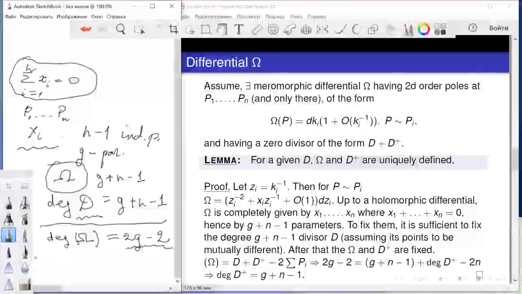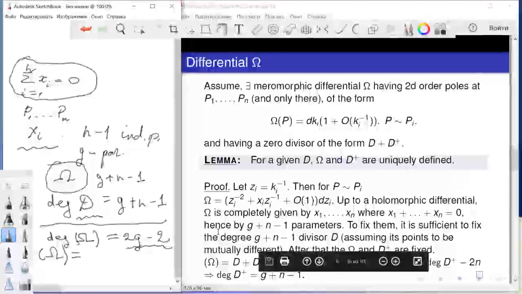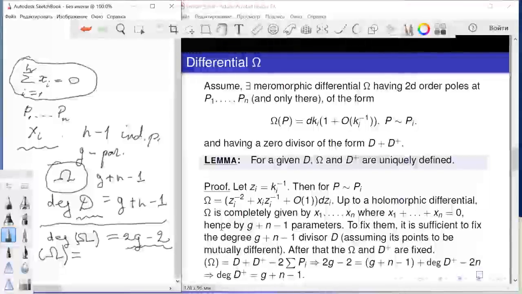On the other hand, we know the divisor of omega is written on the slide, in the second line from the bottom.